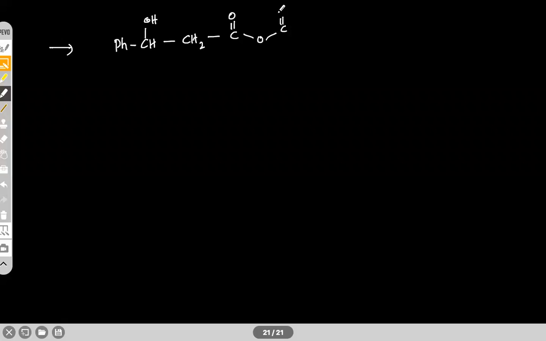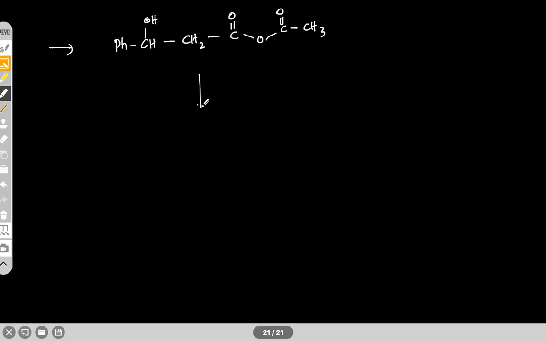So the next step, protonation takes place and it converts into Ph CHOH on the top. We have CH2, C double bond O, O C double bond O, CH3.